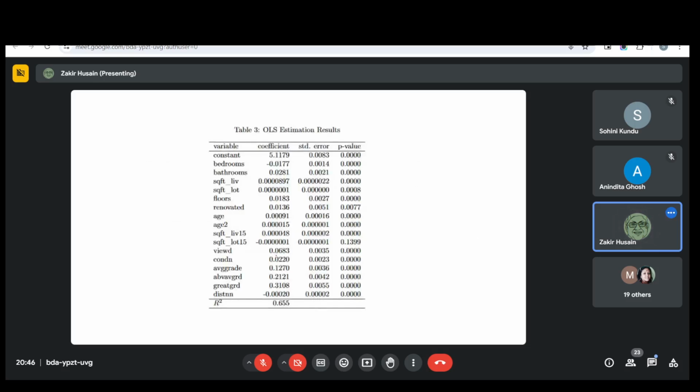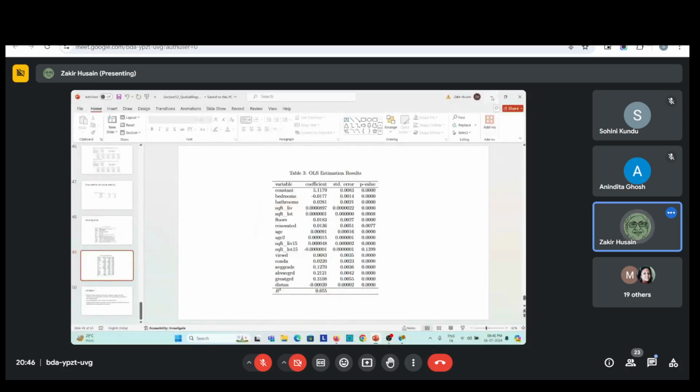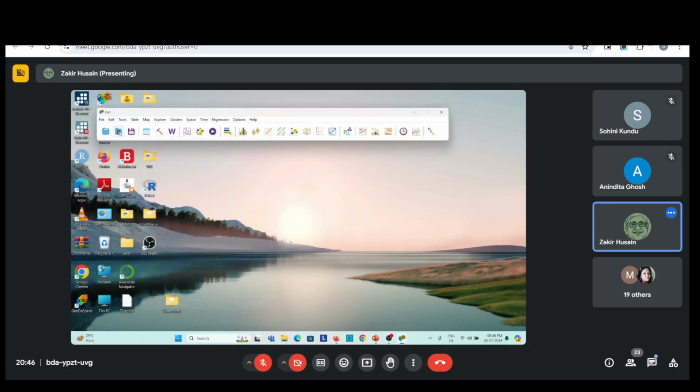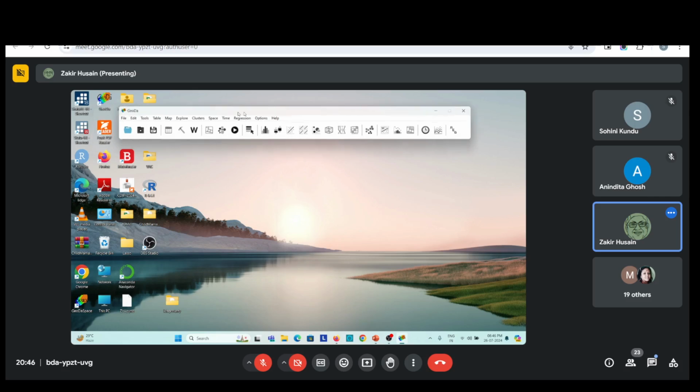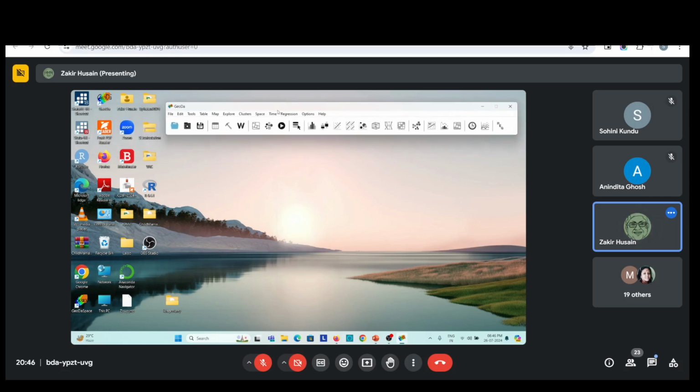But let's go to the data set and let's see what the results are. So I'm closing New York, and remember, I haven't done any clustering over there. For clustering, you have to use GeoDa, but after you have clustered or after you have created the variables, you can move to GeoDaSpace. Remember, GeoDaSpace does not allow you to create variables.